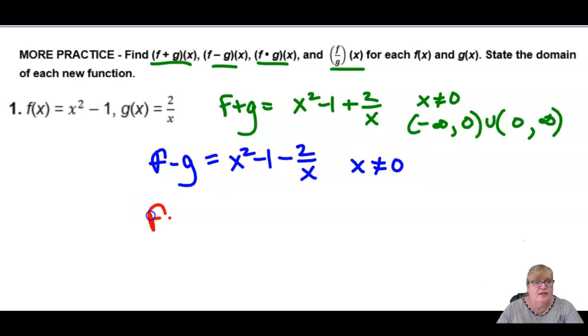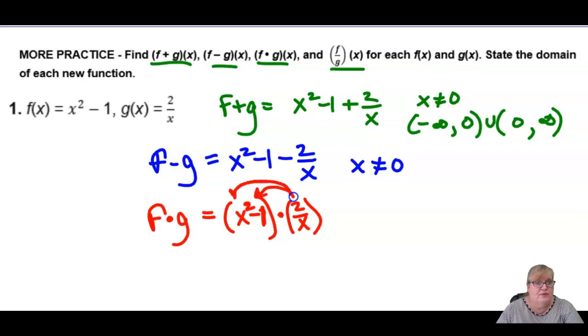And then f times g, it's a little messier. We have x squared minus 1 times 2 over x. I could have written that out in front, but I'm going to distribute it from the back here. So we would have a 2 over x times an x squared, which shows up in the numerator, and then minus a 1 times a 2 over x.